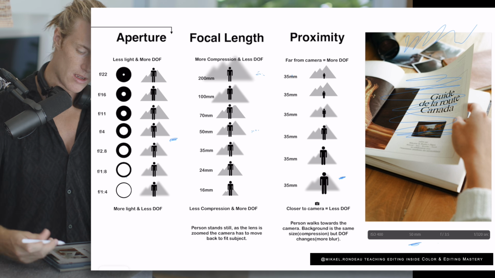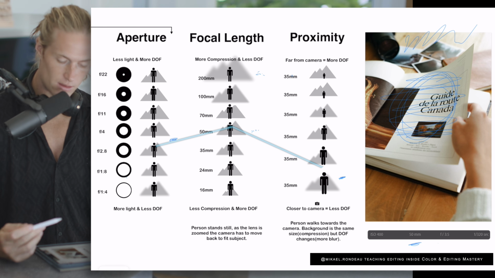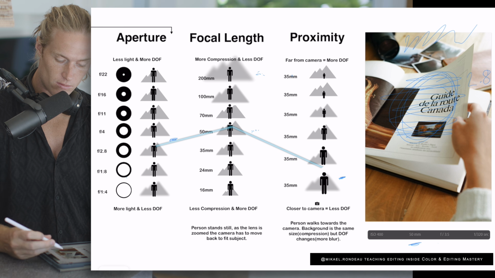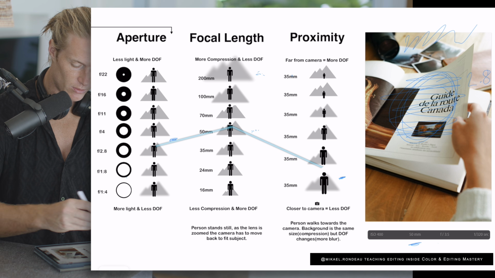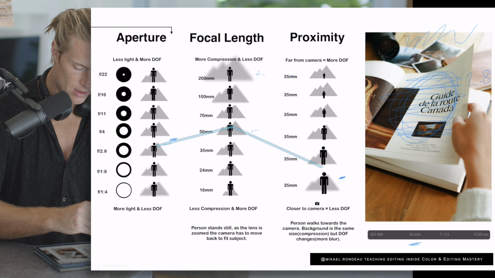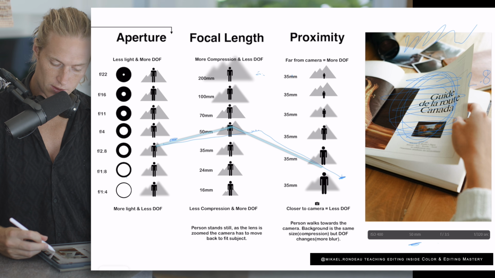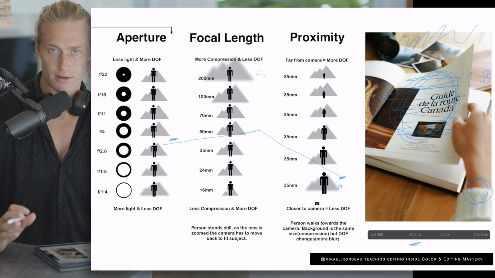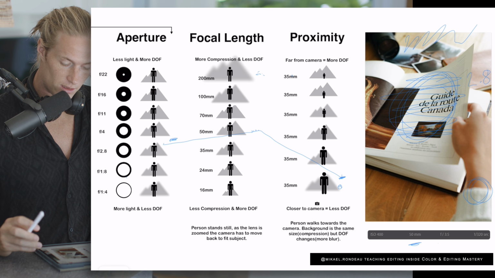We want all of this in focus, because that's the main thing in the subject. So I think 2.8 would have been too shallow. So we've got something like this, and then this is very blurry because of the proximity. And yeah, I just think this is another really good example of a good choice of settings.